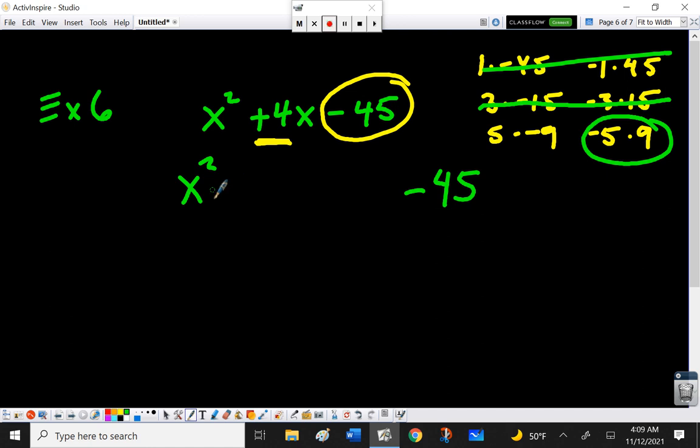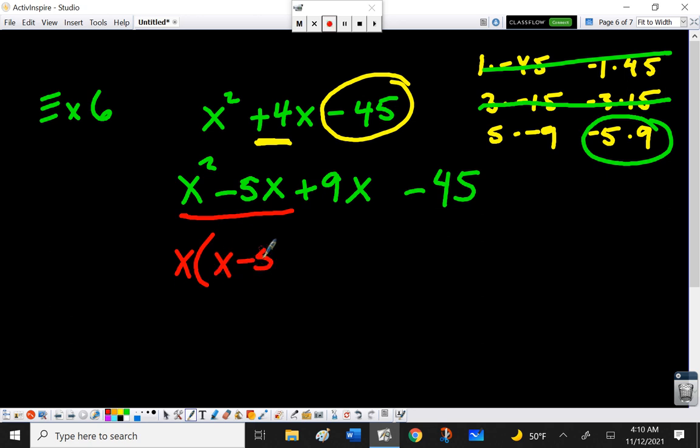So we're going to write negative 5x plus 9x, and now we start to factor. Common here is x. X minus 5 is left over. The common factor here is 9.